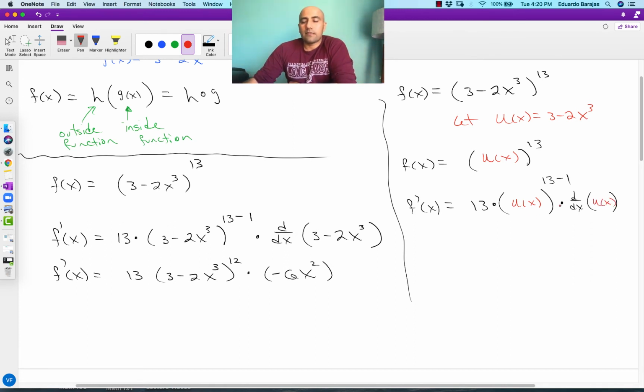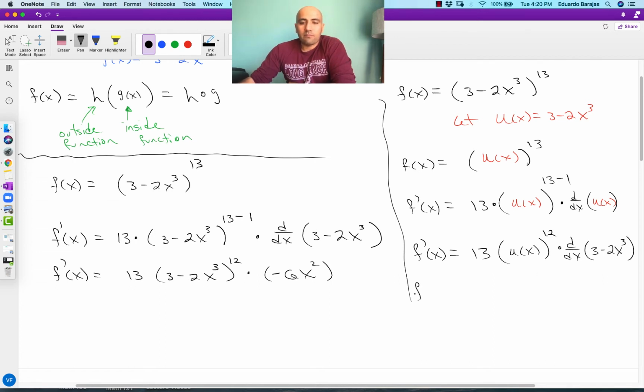Don't forget about times the derivative of the inside function. Okay, so then this becomes f prime of x equals 13 times u of x raised to the power of 12 times this derivative, the derivative with respect to x of 3 minus 2x cubed.